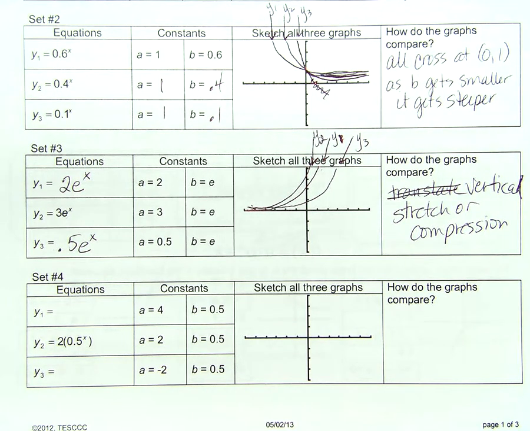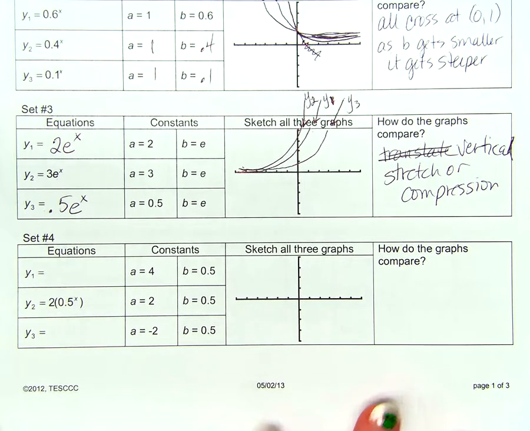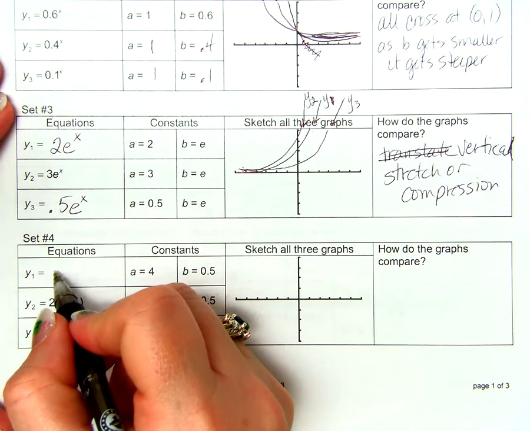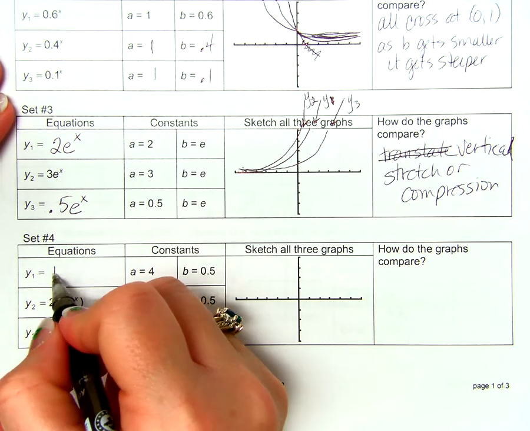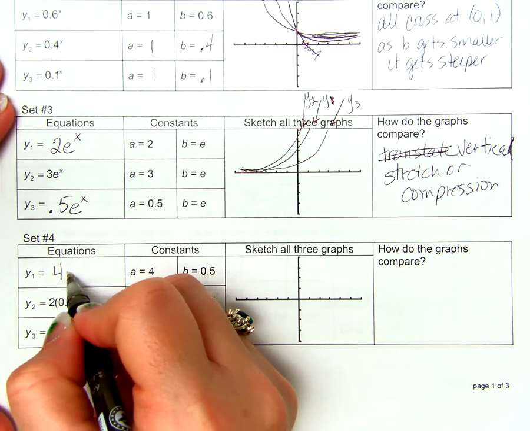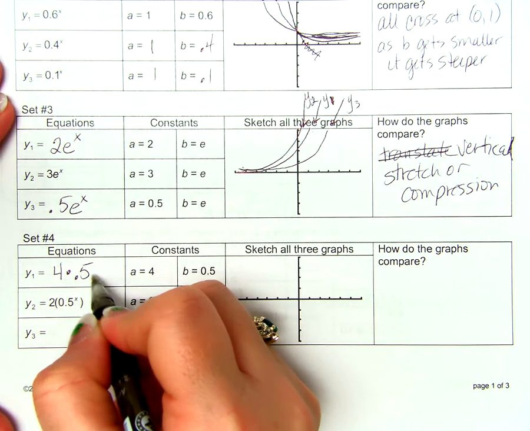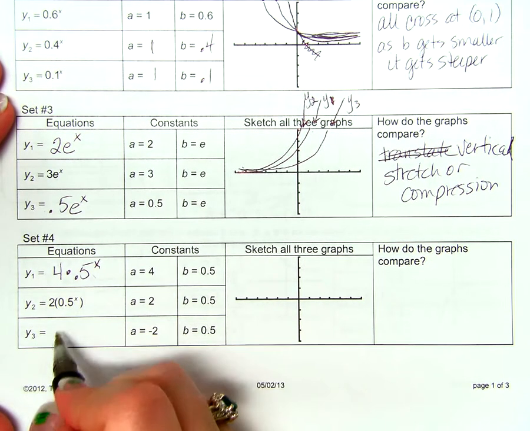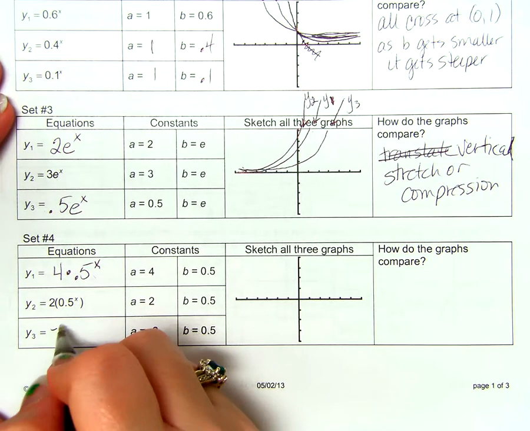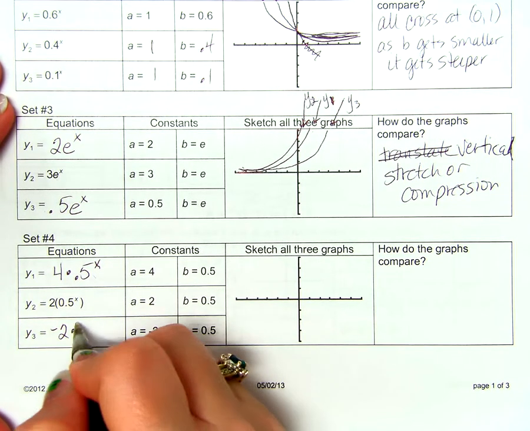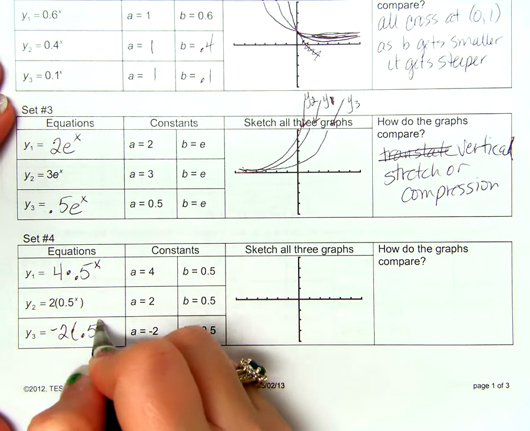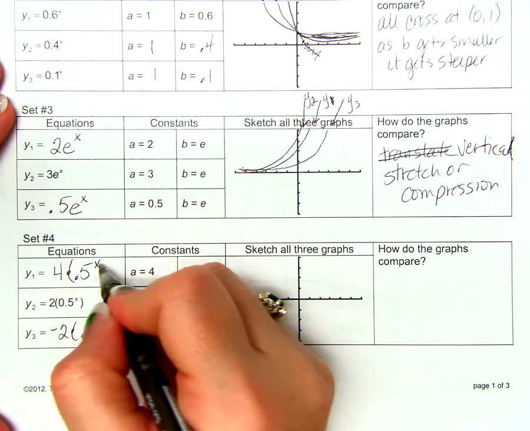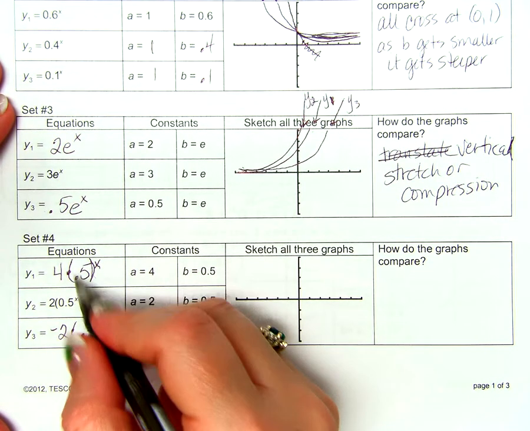Okay. Who had set 4? Okay. What'd you get right here? .5x? Oh, to the x, okay. And then what'd you get here? Guess if I'm staying consistent with the way the answers are.